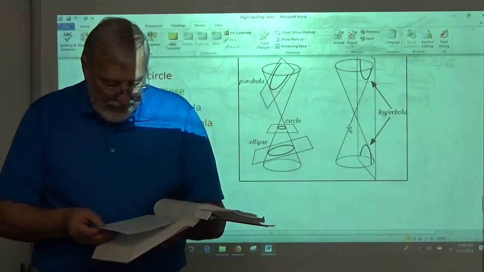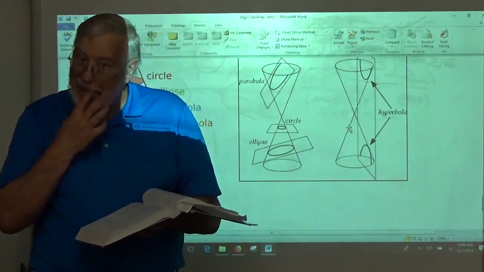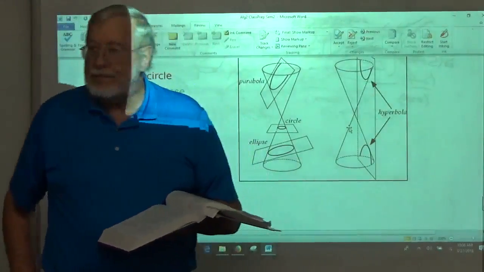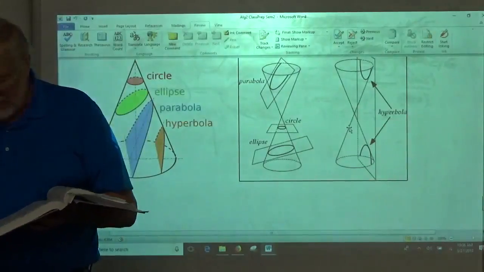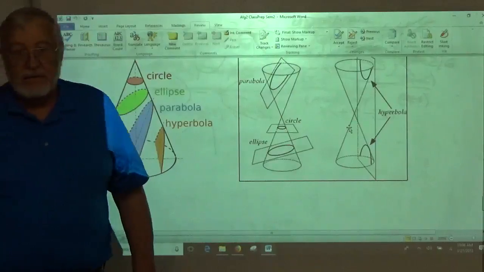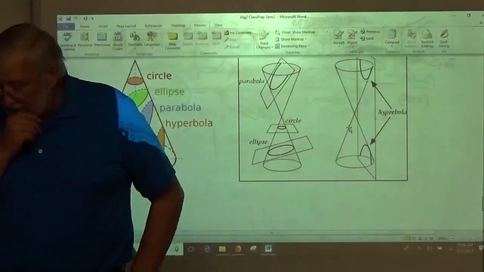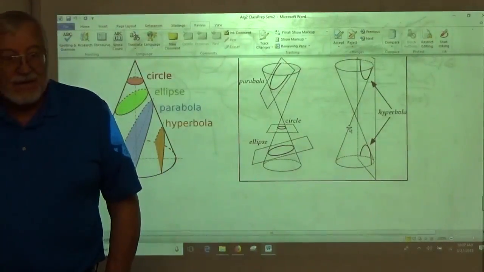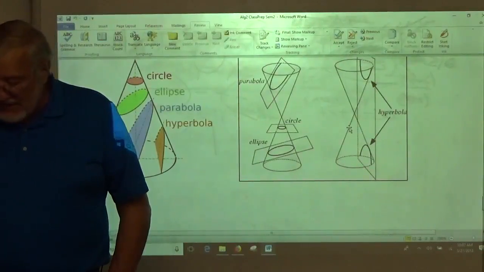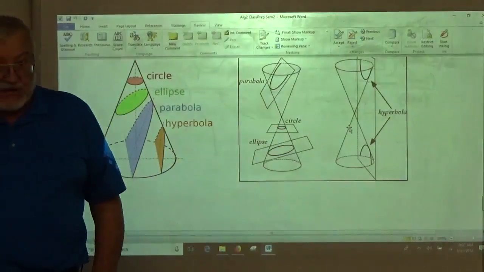Okay? Now, R2 says write the definition. We didn't go over that. A circle is equidistant from the center. An ellipse is equidistant from the focus points. We didn't even cover focus points. The focus points aren't covered.